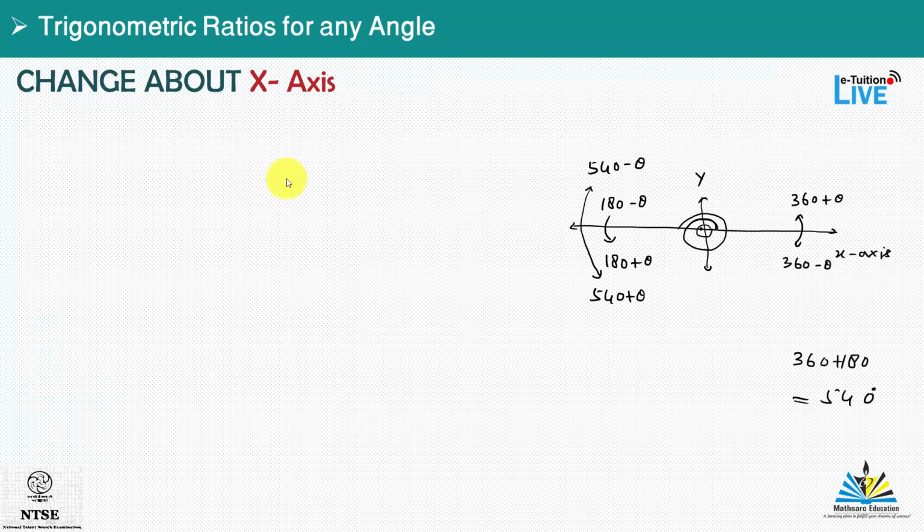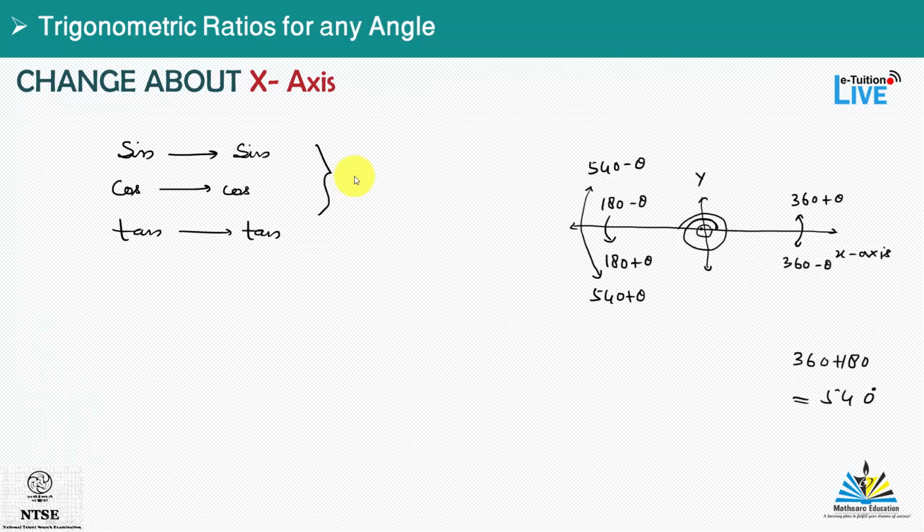If we have a change about the x-axis, then there will be no change in the trigonometric ratio, like sine will remain sine, no change, cos will remain cos, and tan will remain tan. So whatever trigonometric ratio you have, it will be the same.